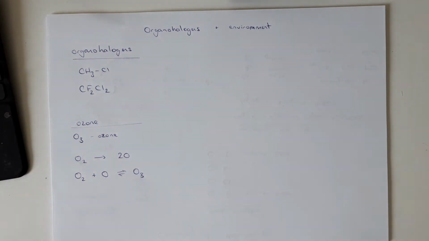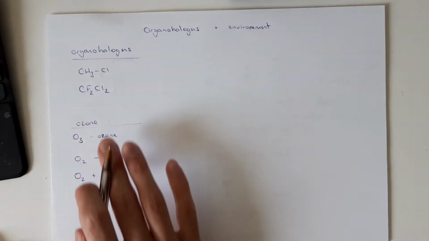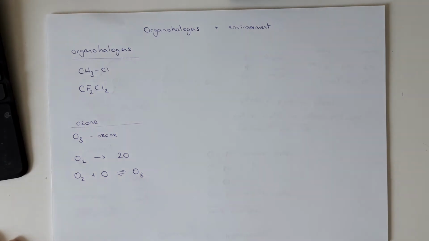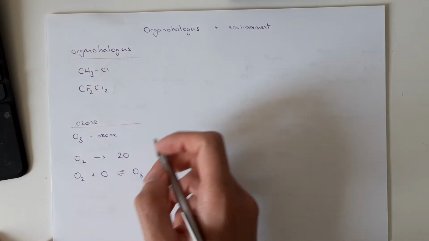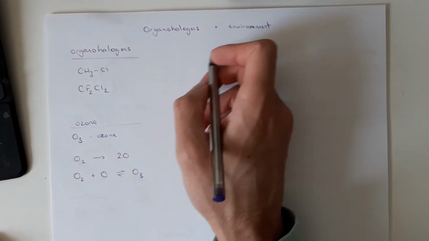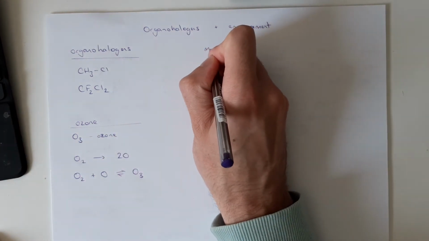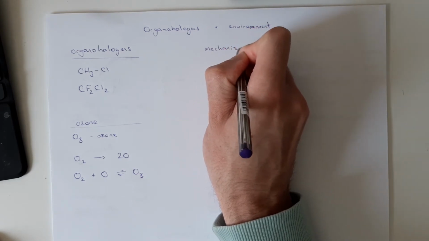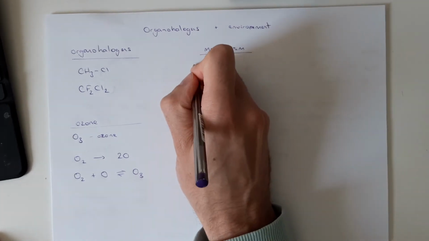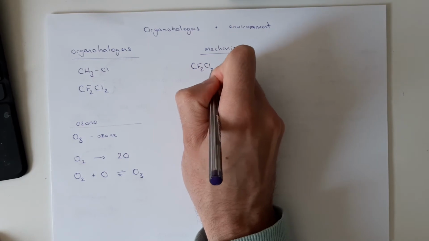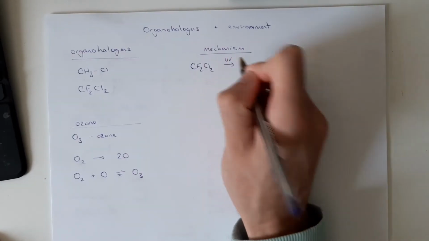Now, the danger we have is when these two things combine, and what we get then is a radical substitution reaction that breaks down the ozone and just forms more oxygen and damages this equilibrium. If we go for the mechanism for breakdown, I'm going to start with CF2Cl2 with UV light.